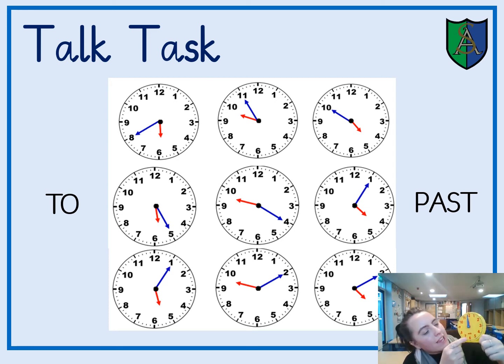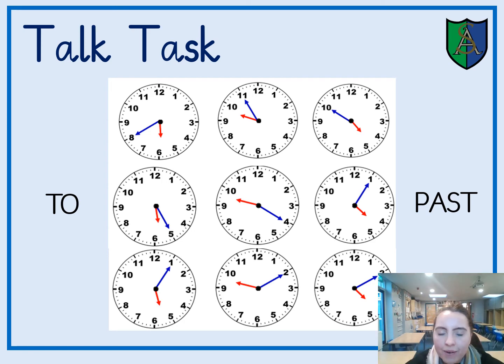And from 6 all the way up to 12 is to on our clocks, isn't it? So we split it right down the middle. If the minute hand is pointing towards this side of the clock, the 1, 2, 3, 4, 5, and so on, then we know that that shows past. If the minute hand is on the other side of the clock, then we know that it shows to.